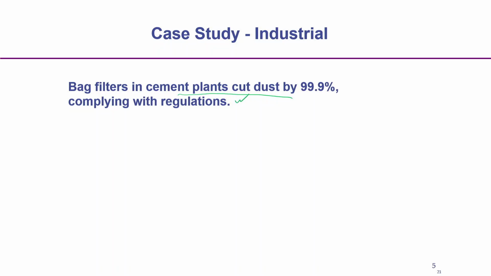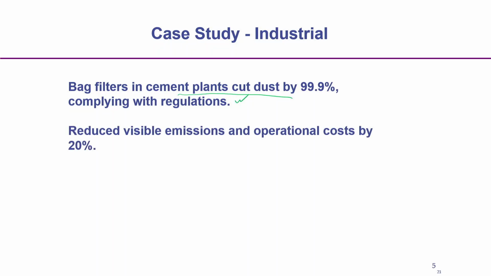So, it complies with regulation. 99.9% dust is actually arrested, only 0.1% dust is going to the environment, which is as per the regulation, and it reduced visible emission and operational cost by 20%. Visible emission is not there, as if clean air is coming, and operational cost is reduced by 20%.